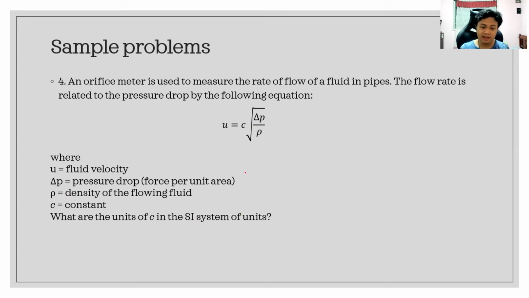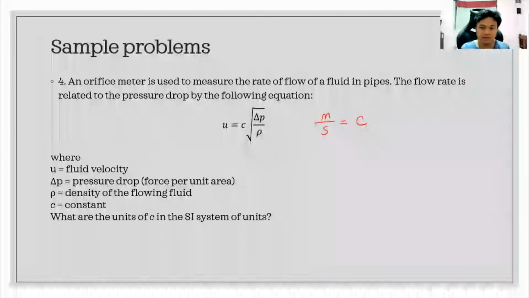So let's solve that. We are required to find the units of C here. In the fluid velocity, we can assign units: meters per second. I already talked to you about that last time, right? So we have the units of C here.